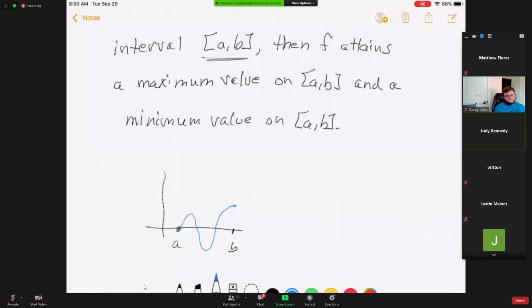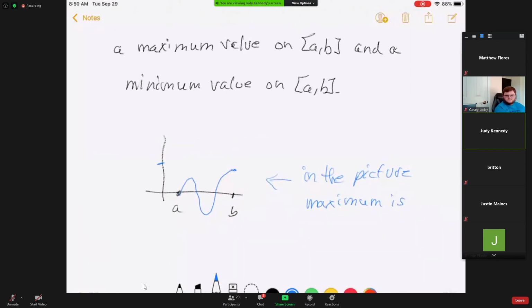And in my picture, it looks like the highest point, the maximum, is f of B. And the minimum would be whatever that thing is. I'll call it x.